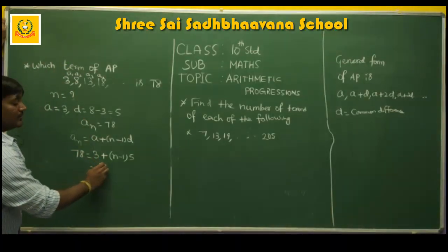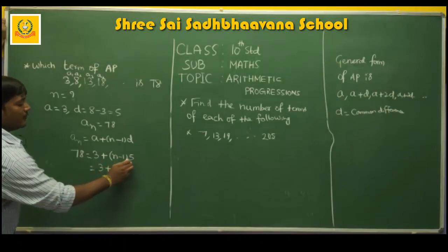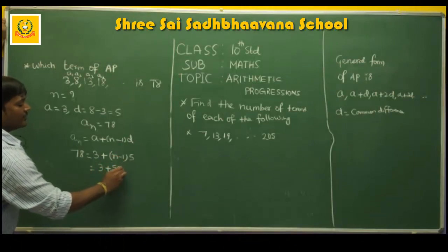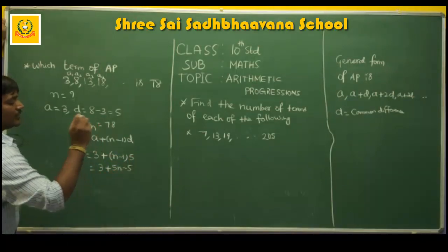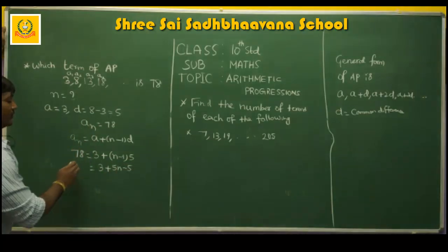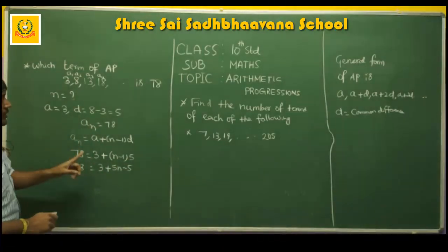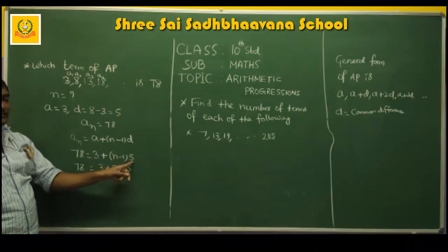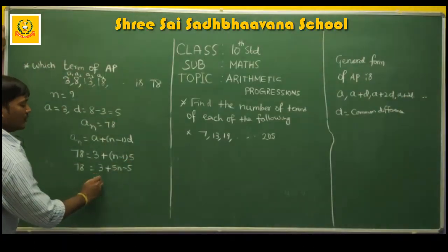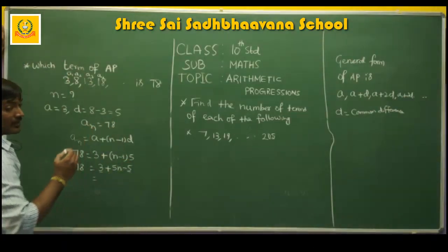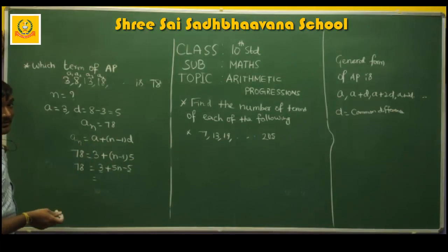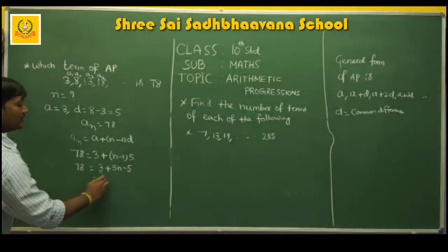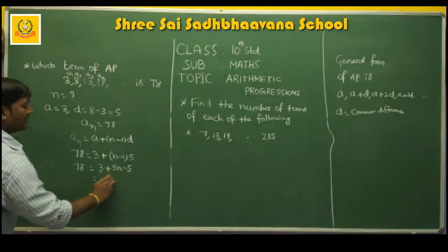3 plus 5 into n, 5n, minus 1 into 5, which is minus 5. So 78 is equal to 3 plus 5n minus 5. So what is here? You see 3 minus 5, which is minus 2.